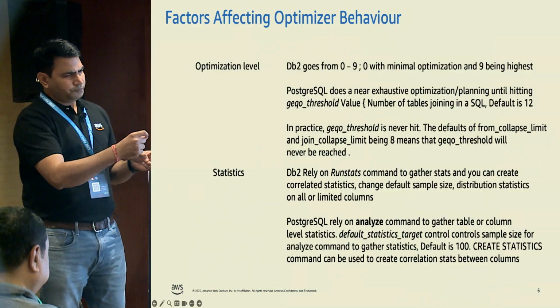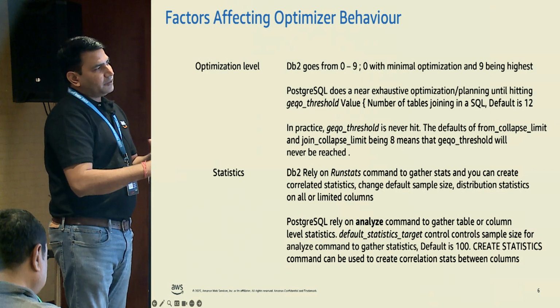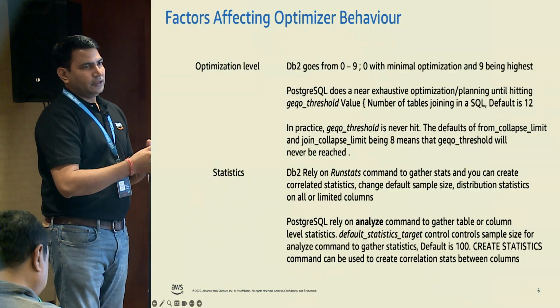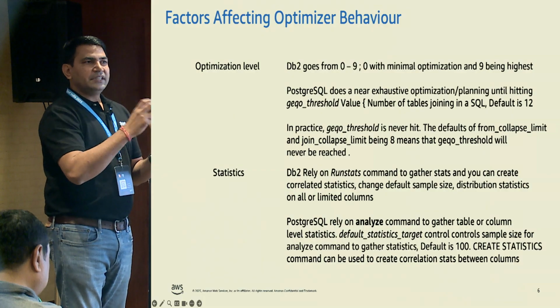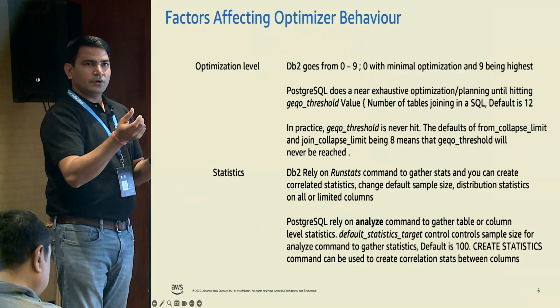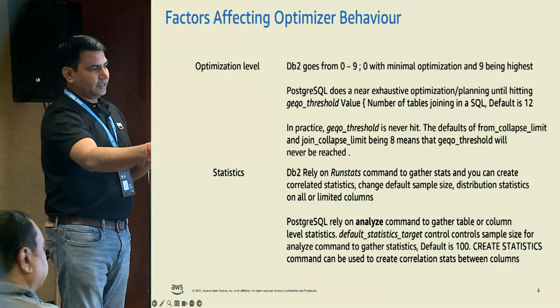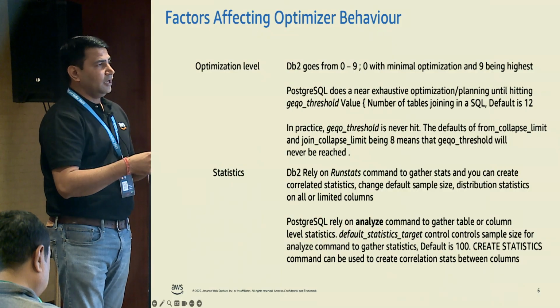There are different clauses that you can add, but the major thing I want to highlight is default_statistics_target, which is basically a sampling size, that is, how much of the table would be sampled to come up with the stats for your SQLs to run. Default is 100, which is 300 multiplied, that's the number.